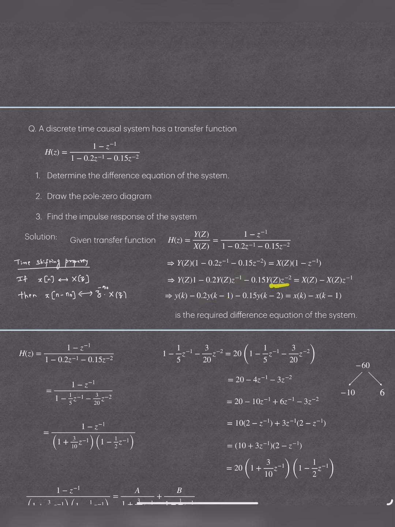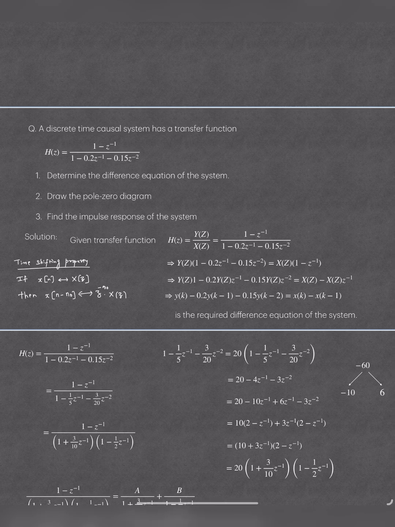Similarly, z power minus 2 into Y of z becomes y of k minus 2 into minus 0.15, and X of z becomes x of k, and z power minus 1 into X of z becomes x of k minus 1 by using the time shifting property. So completely by using the time shifting property we are getting from this to this expression, which is called the difference equation of the system.